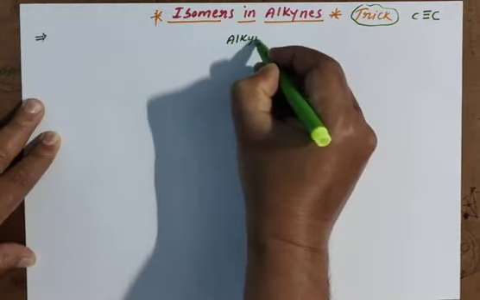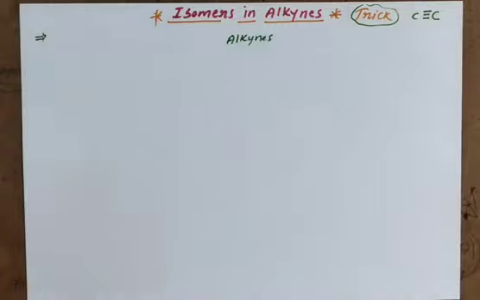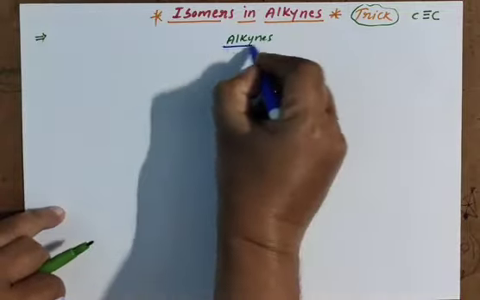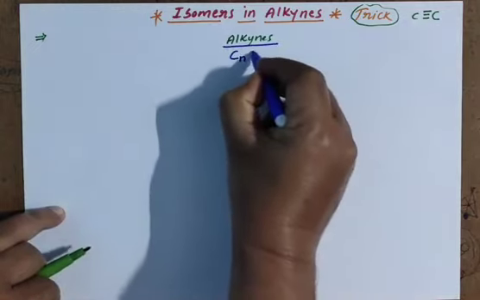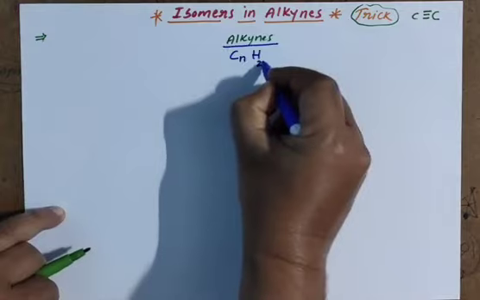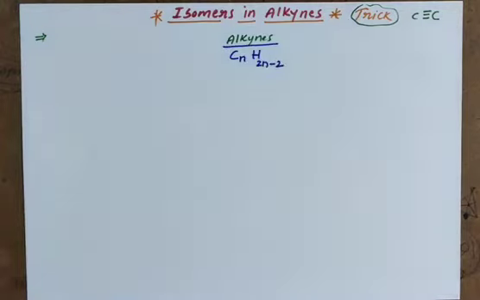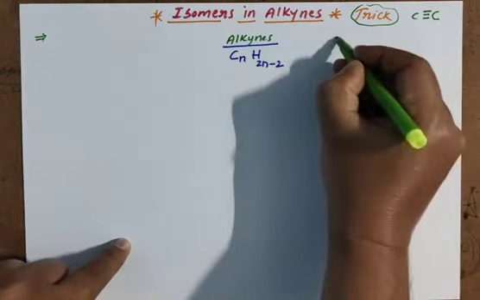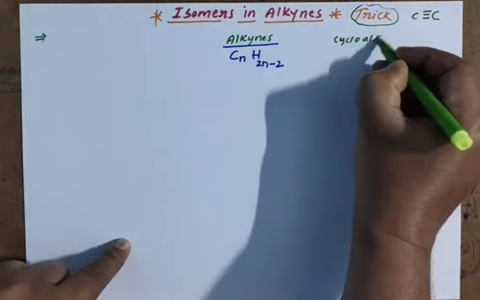Alkynes general formula: CnH2n-2. With the same general formula, we have another organic compound, that is cycloalkenes.